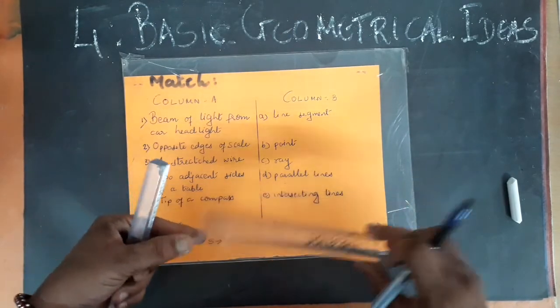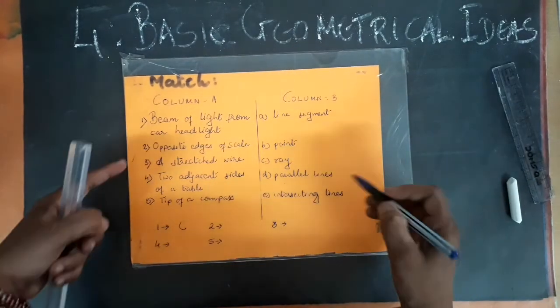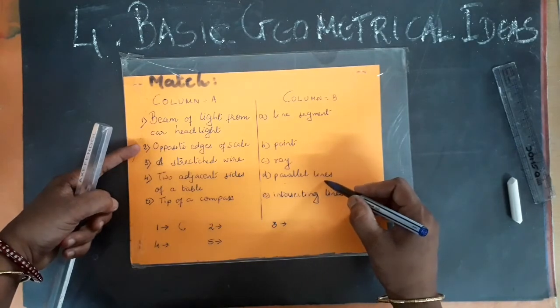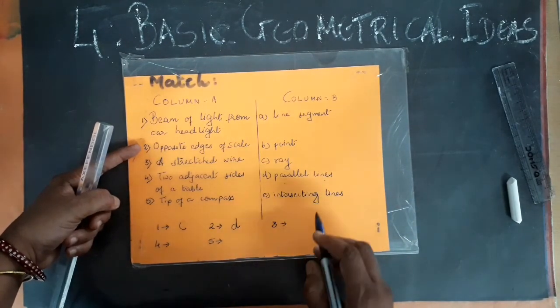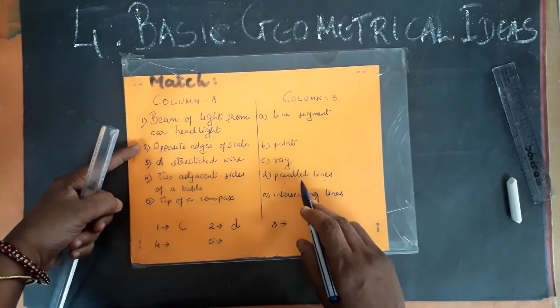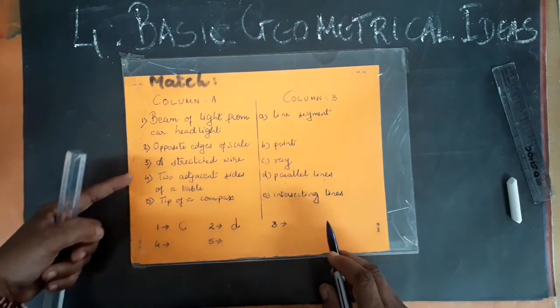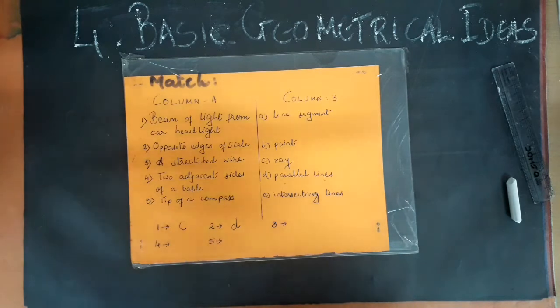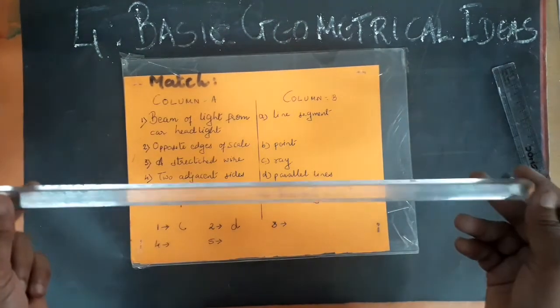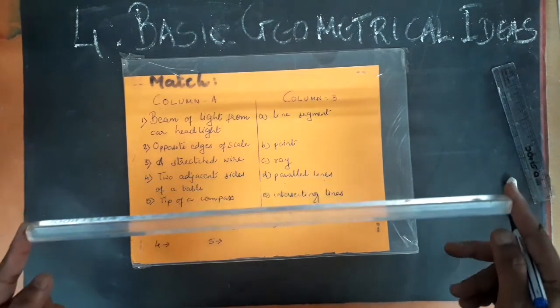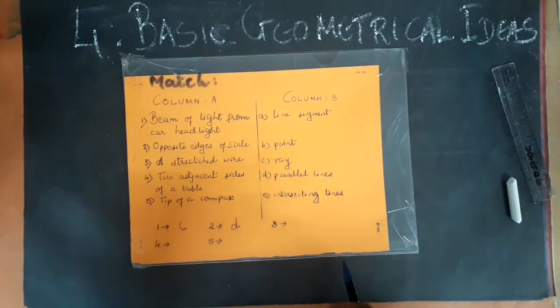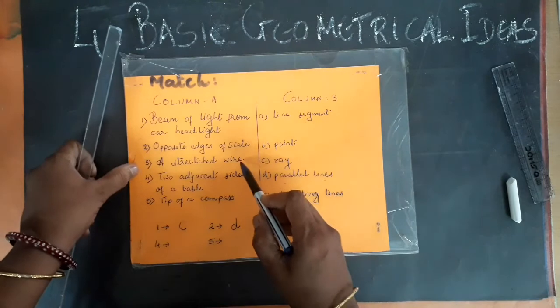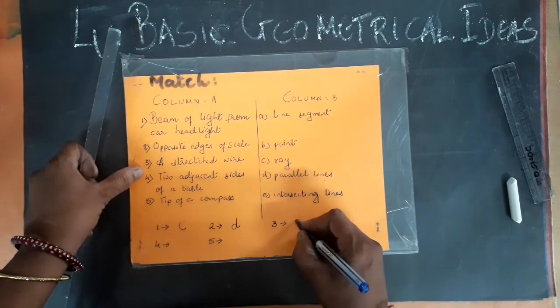No. So they are known as parallel lines, which is your D option. So 2 you have to join with D. Now the third one, a stretched wire. When you stretch a wire, it will have two endpoints, and what is it known as? A line segment. So the third one you can join with A.